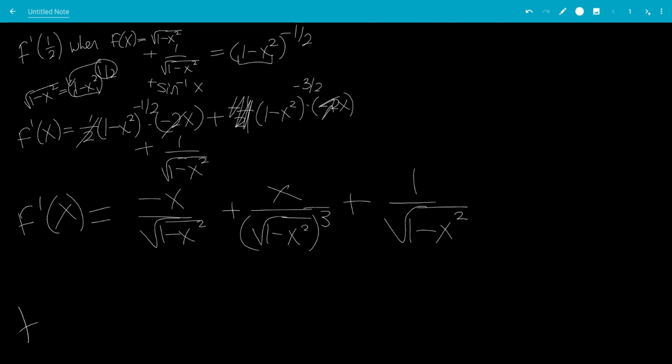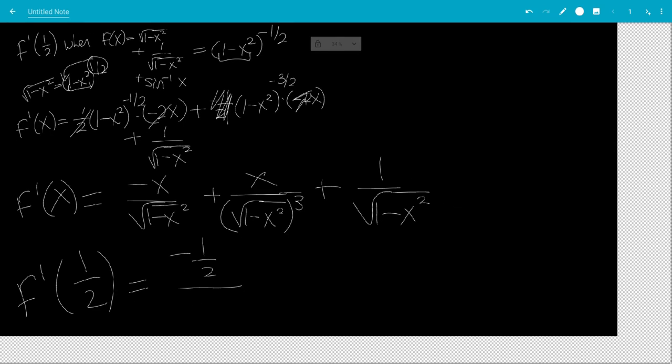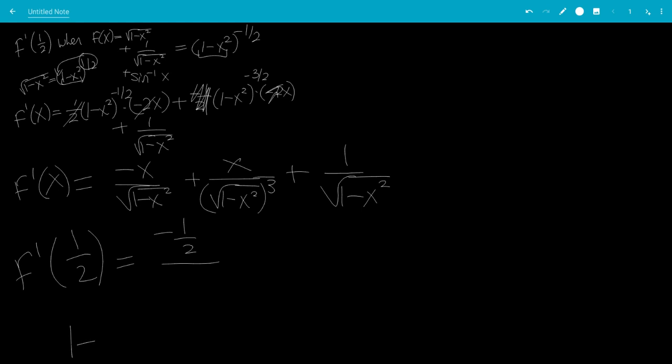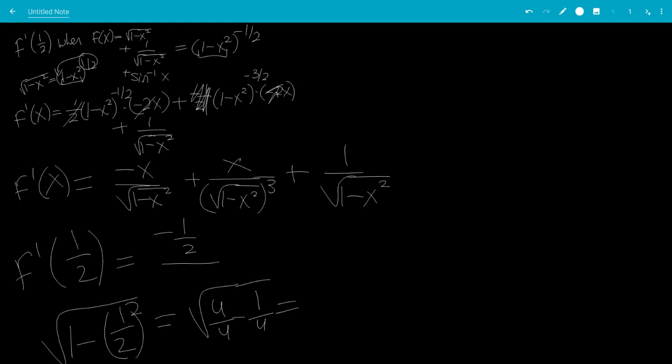So now we can just plug in 1/2 into f prime. This will be negative 1/2 over the square root of 1 minus 1/2 squared. The square root of 1 minus 1/2 squared is the square root of 4 over 4 minus 1/4, which is the square root of 3 over the square root of 4, which is 2.